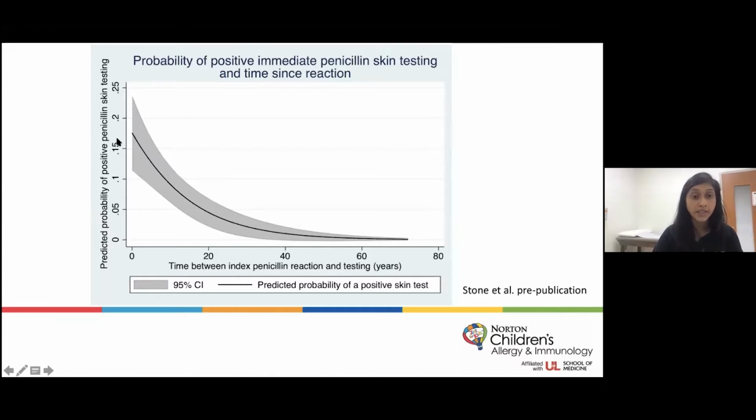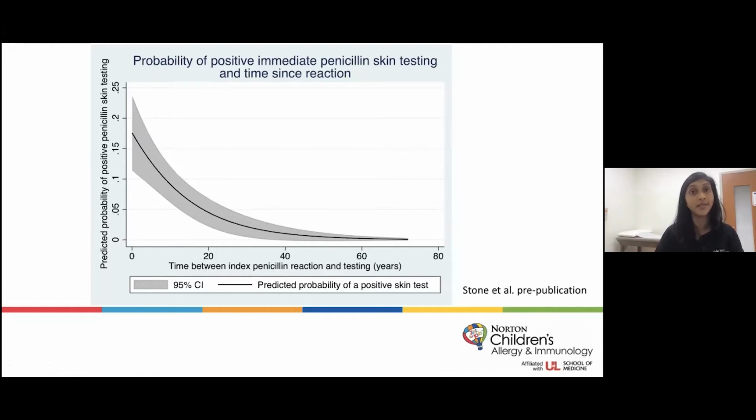The y-axis shows the probability of positive skin testing, penicillin skin testing. What this chart shows is that even if you had a true IgE mediated process and you tested positive to penicillin, chances are as the years go by, you've essentially grown out of it. The skin test positivity actually decreases by 10% per year.